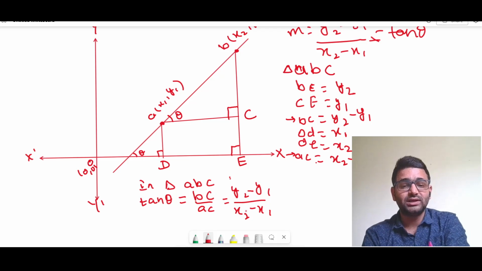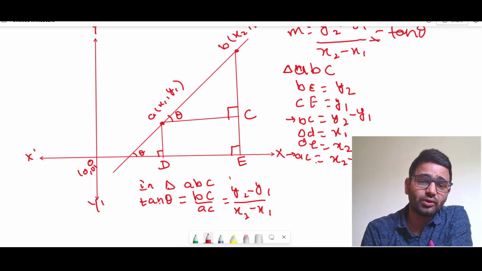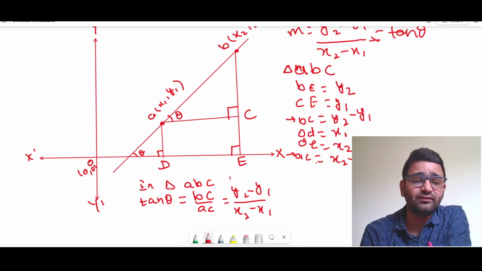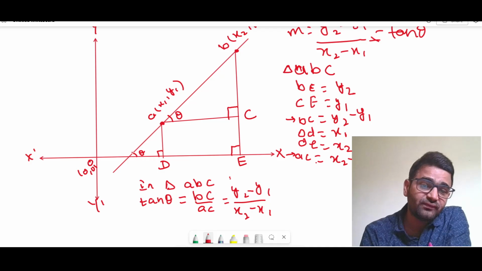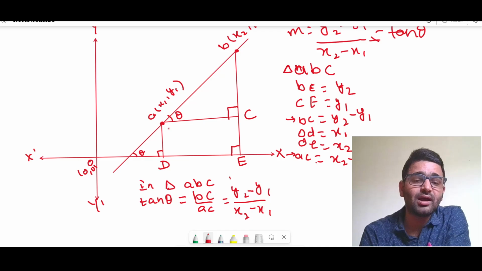Now here we can find the theta, and if this is theta, then we know the slope theta is the same as this theta because these are parallel. AC is parallel to the x coordinate. So if this angle is theta, then automatically this angle will also be theta.